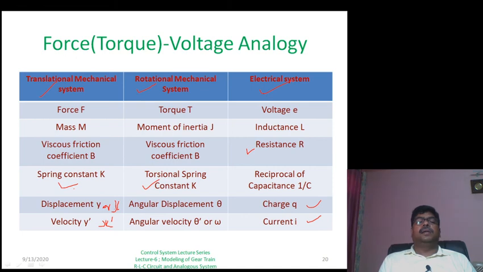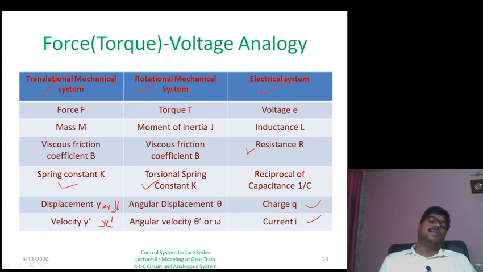And here the reciprocal of capacitance represents the spring constant in a translational motion. A torsional spring constant represents the rotational. So this spring stores the potential energy, and this torsional spring also stores the potential energy. So we can say the capacitor stores energy similar to the potential energy.